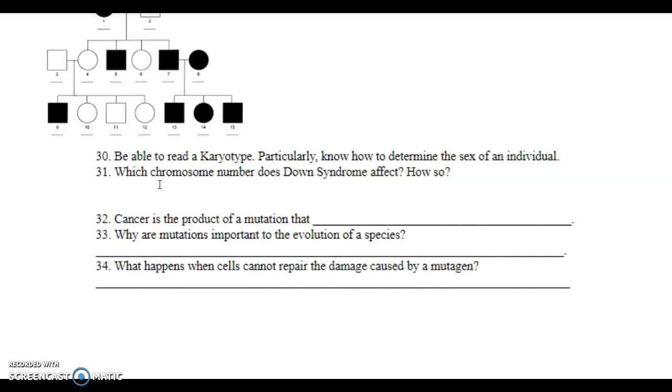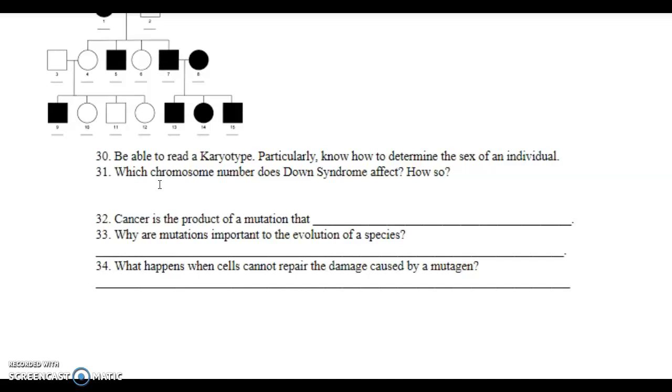Down syndrome is also known as trisomy 21. And trisomy 21 means that there are 3 chromosomes at the 21st chromosome site. Okay, so that individual would have 3 chromosome number 21s. Instead of having the normal 46 chromosomes, they would have a total of 47 chromosomes. And that, remember, is a result of non-disjunction at some point.